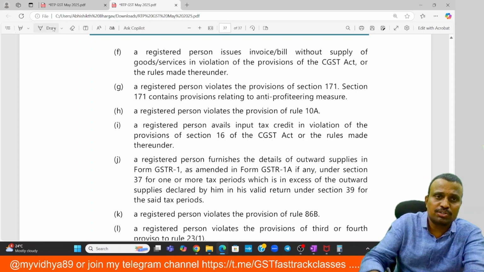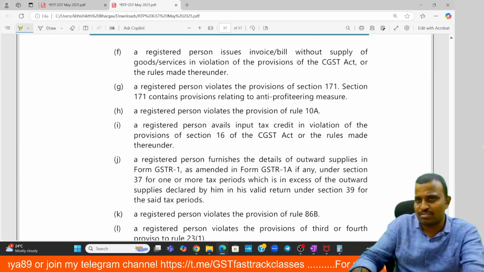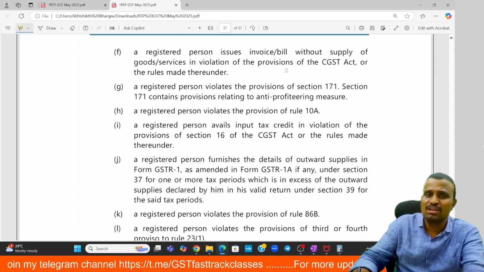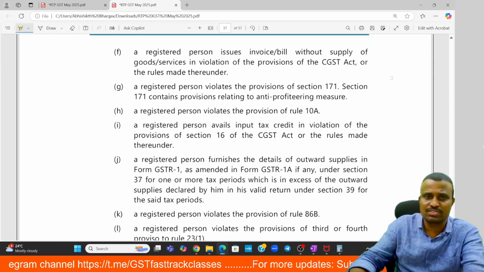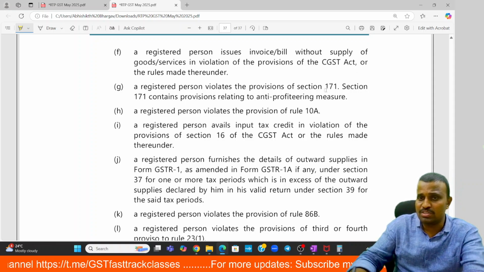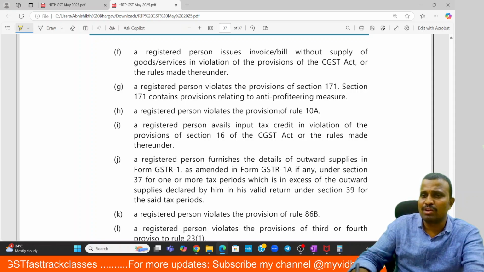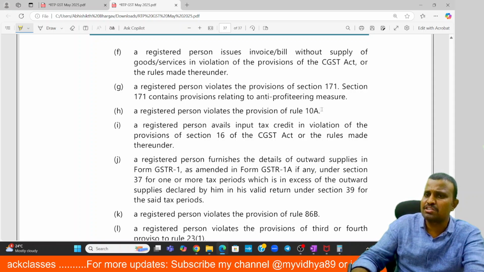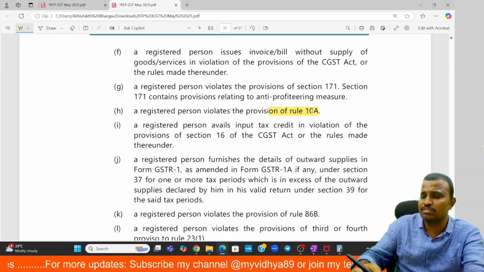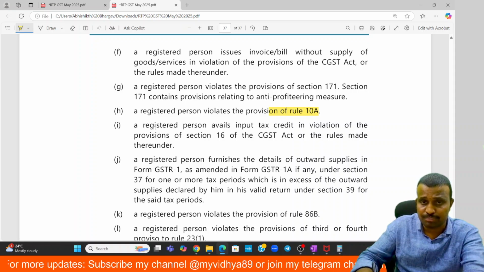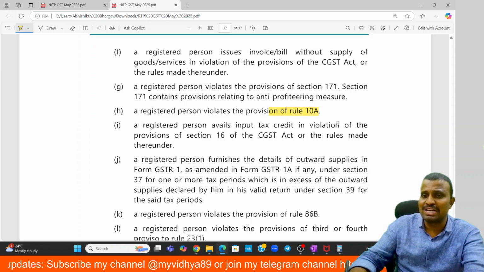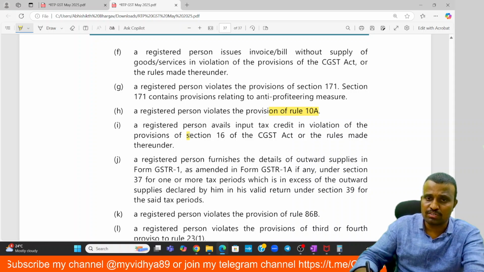A registered person issues invoices or bills without supply of goods or services in violation of provisions of the CGST Act or rules. A registered person violating the provisions of Section 171 anti-profiteering measures and violating Rule 10A. This is relating to submission of bank details at the time of registration. A registered person availing input tax credit in violation of the provisions of Section 16.